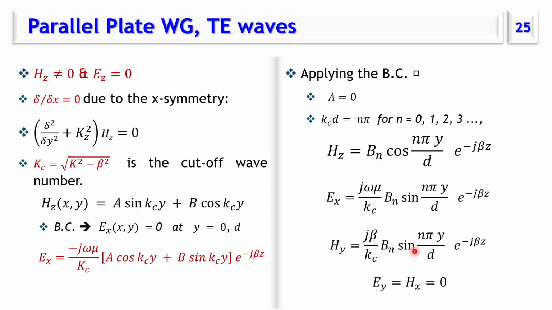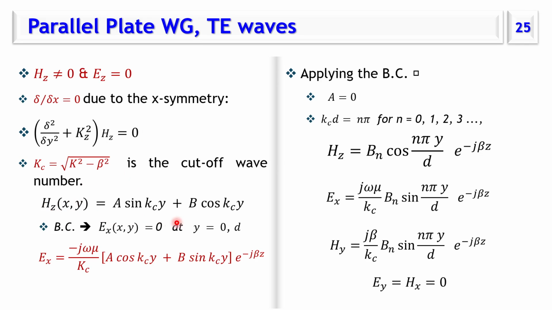The third category of waves that can be carried on a waveguide is the transverse electric waves, which have no longitudinal component for E, but have a longitudinal component for H. In a similar way, due to symmetry, partial derivative with respect to x equals 0, and we can find the homogeneous wave equation for H z. The homogeneous wave equation solution is controlled by the boundary conditions.